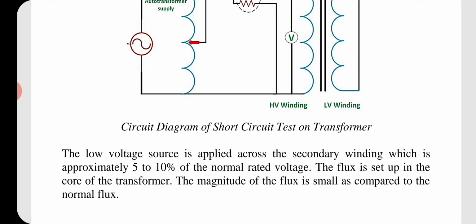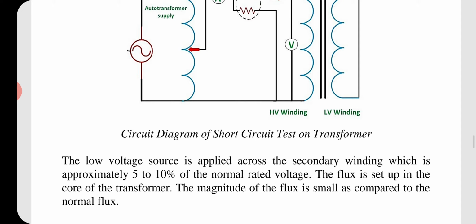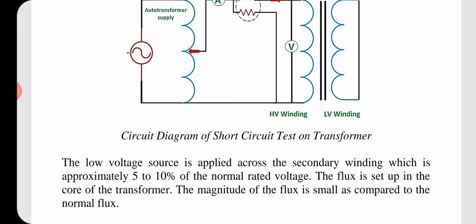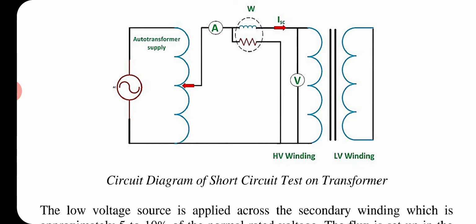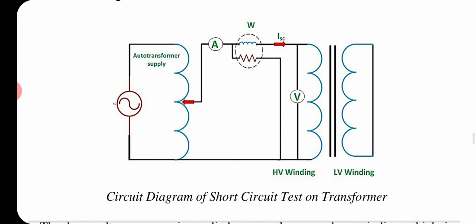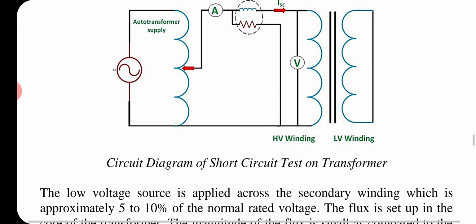Now, the flux set up in the core of the transformer, the magnitude of the flux is very small as compared to the normal flux. As we are applying 5 to 10% of the rated voltage, a very small amount of voltage, the flux set up in the core will also be very small.